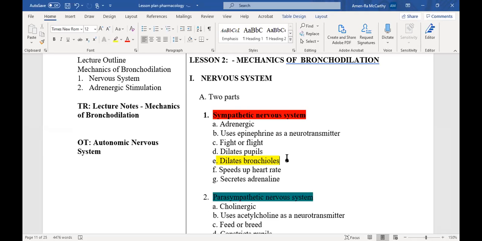So let me find a drug or some chemical I can put together that will act like or mimic the effects of the sympathetic nervous system. Aha, albuterol, I found one. So now they give the person albuterol, and it mimics the effects of the sympathetic nervous system and leads to bronchodilation. Okay? Any questions on how that works?